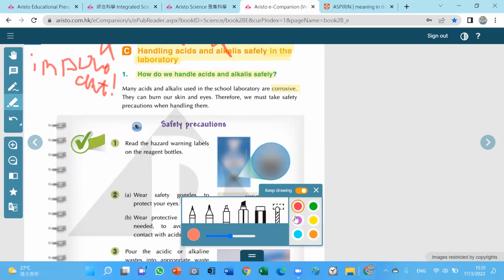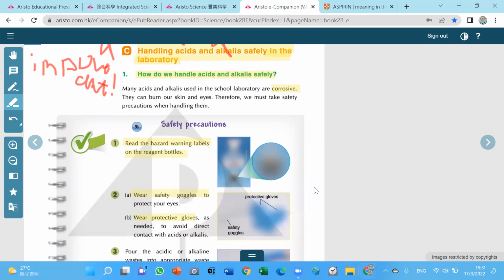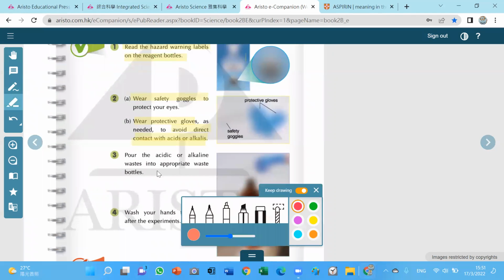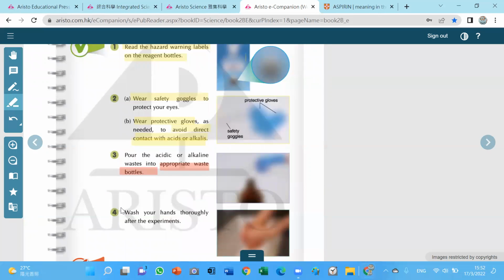Read the warning labels on the reagent bottles clearly. Wear safety goggles and protective gloves to avoid contact with the acids or alkalis. Pour the acids or alkaline waste into the appropriate waste bottles. Wash your hands thoroughly after the experiment.